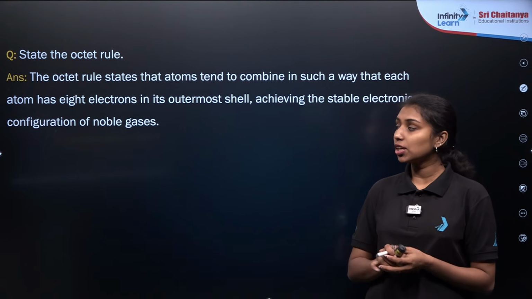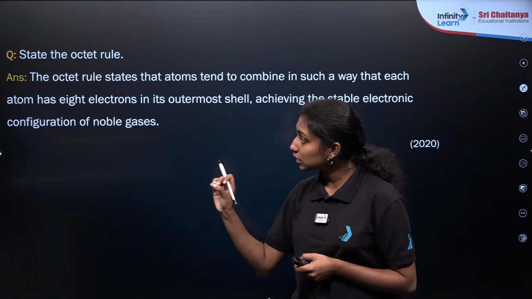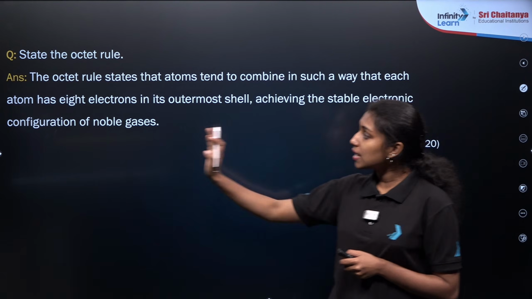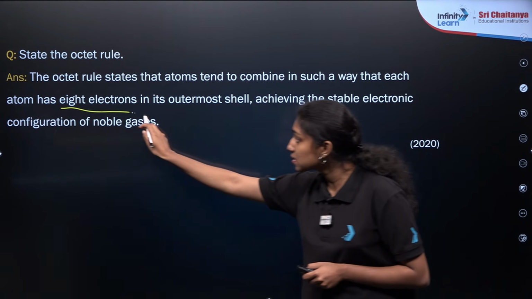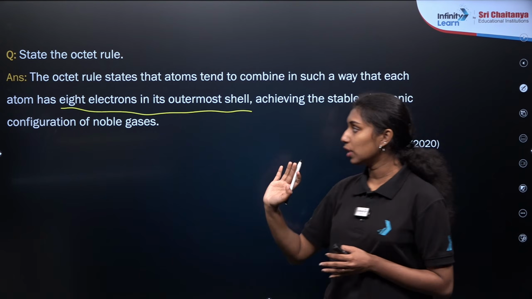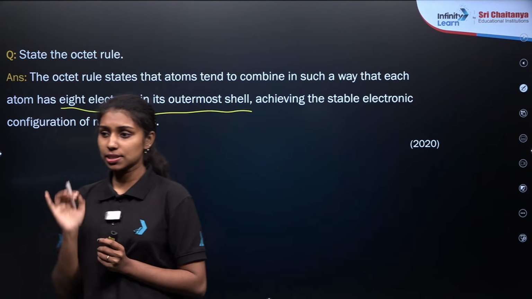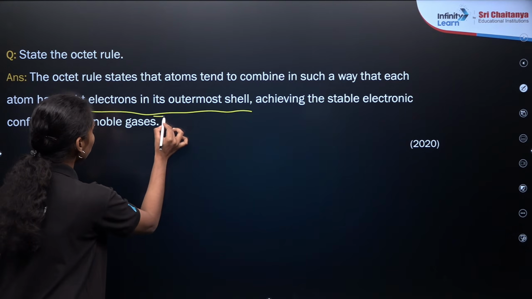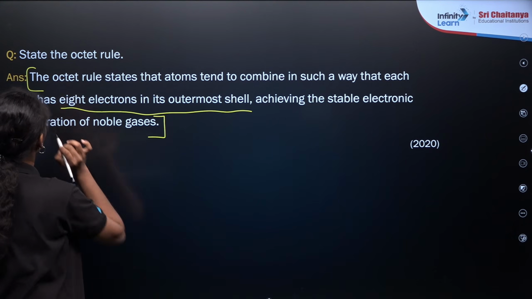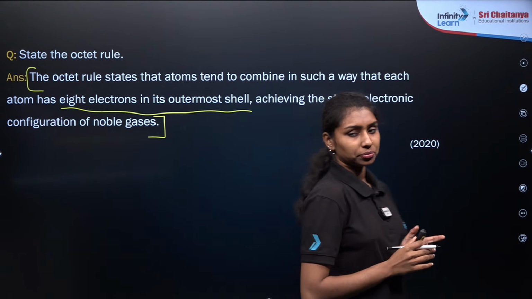So if you are explaining it as a complete definition, the octet rule states that atoms tend to combine in such a way that each atom has 8 electrons in the outermost shell or the valence shell to achieve the stable electronic configuration of noble gases. So this is the exact definition of the octet rule. Just write it, keep a note. Clear?